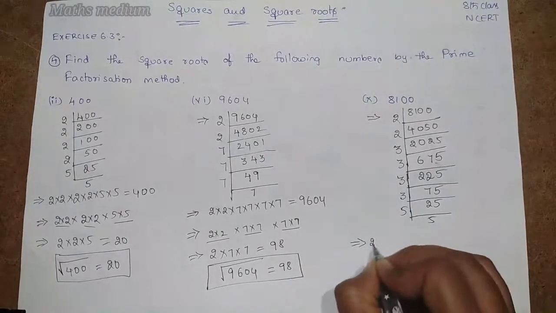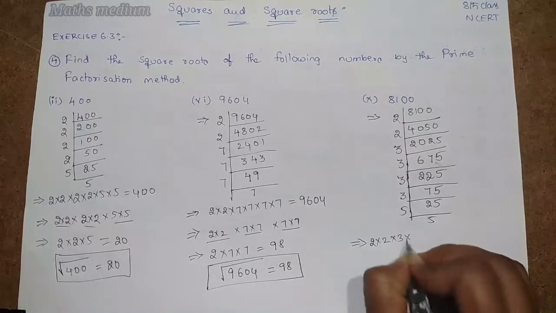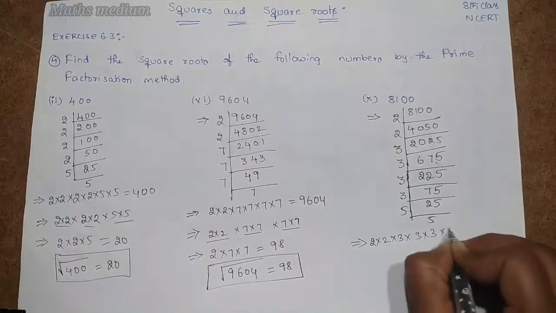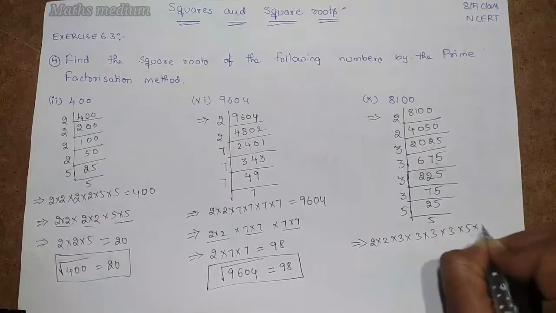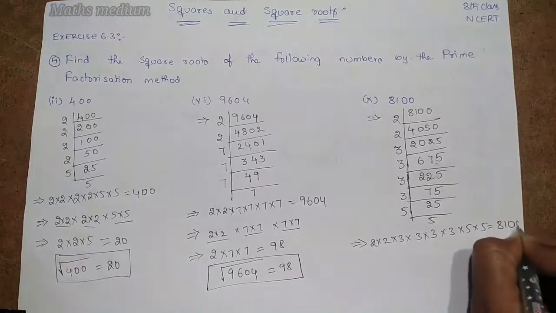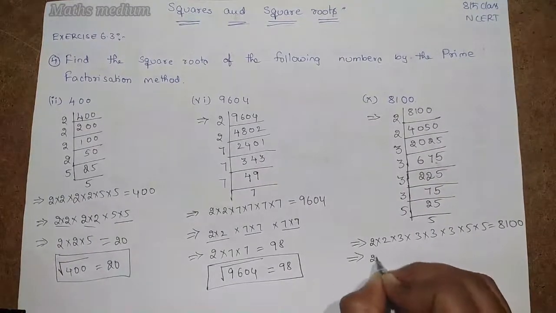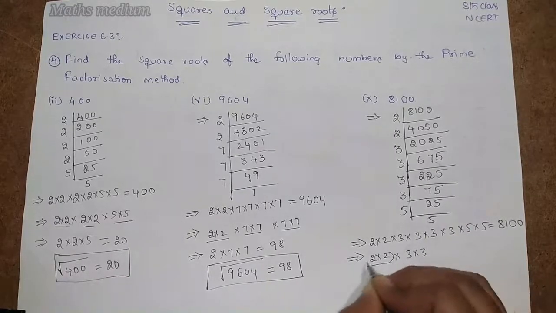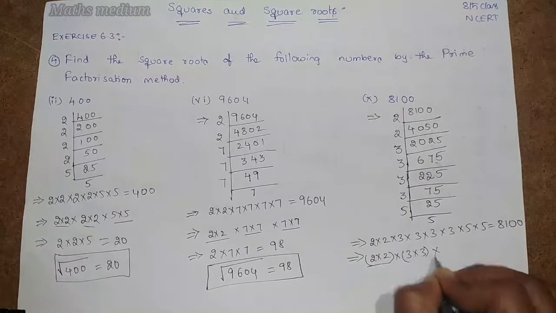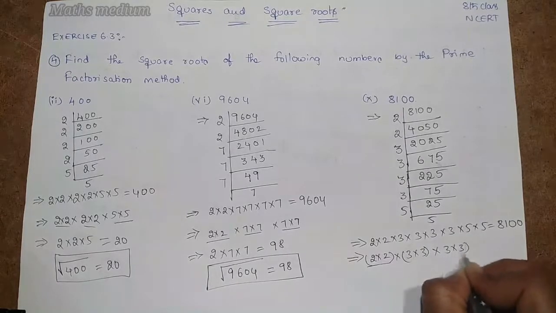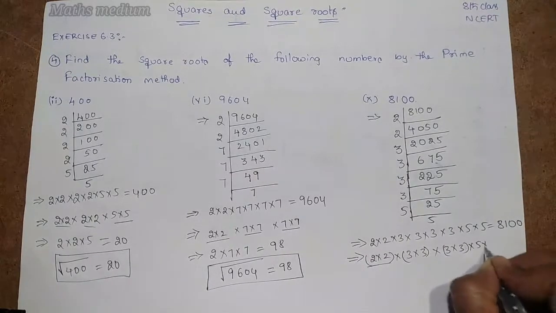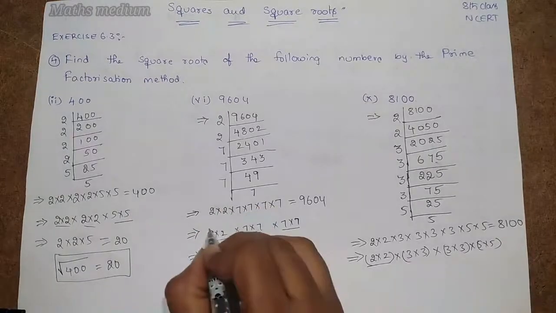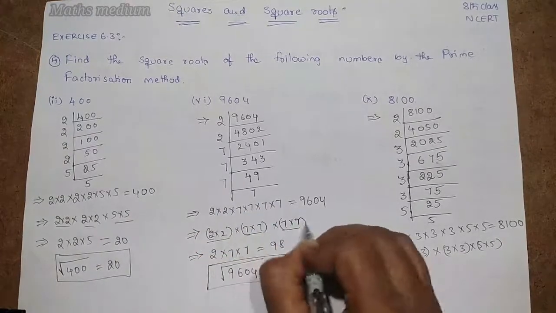Write 2 into 2 into 3 into 3 into 3 into 3 into 5 into 5 is equal to 8100. Now make them as pairs. 2 into 2 as one, 3 into 3 as another one, 3 into 3 as another one, and 5 into 5 as another one. Here also this is the best way to understand.